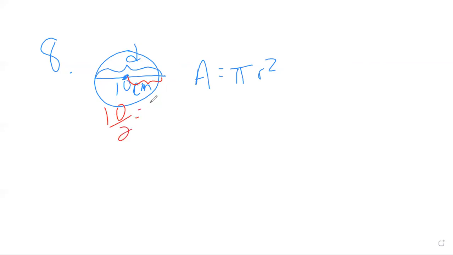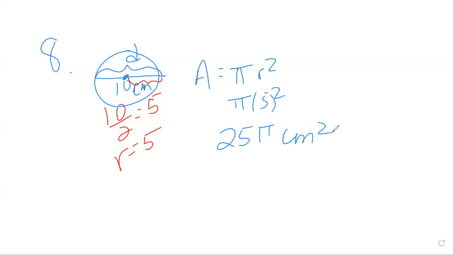So 10 divided by 2 is 5. The radius is 5. Now we'll plug that in: pi times 5 squared, which is 25 pi. And then we'll look for the units, centimeters squared. And that is the answer, B, and units are squared like before because we're back in area. Now we'll go to 9.